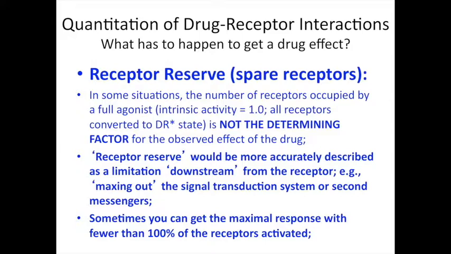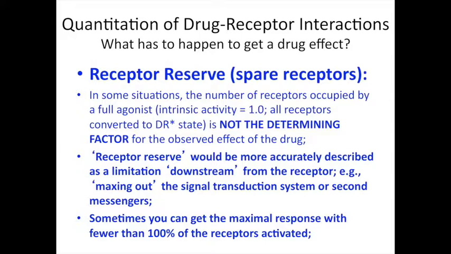So theoretically, and it's not just GPCRs, this could happen in a lot of different kinds of receptors, you can bind a receptor, have affinity for it, you can have efficacy to try to drive that receptor, but if the signal transduction system is done, you're not going to get any more bang for additional receptor occupation and activation.